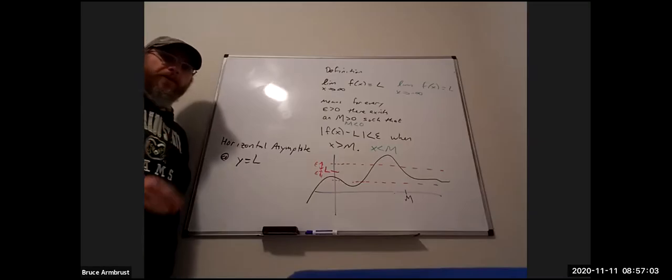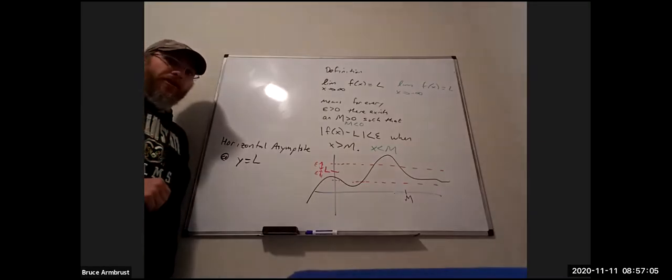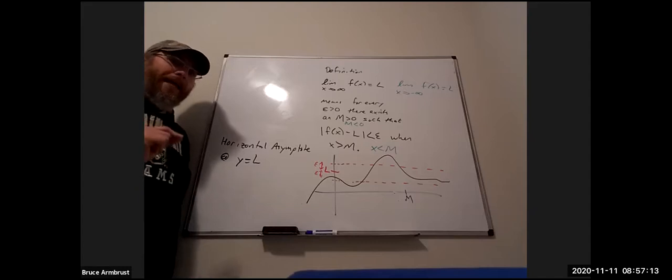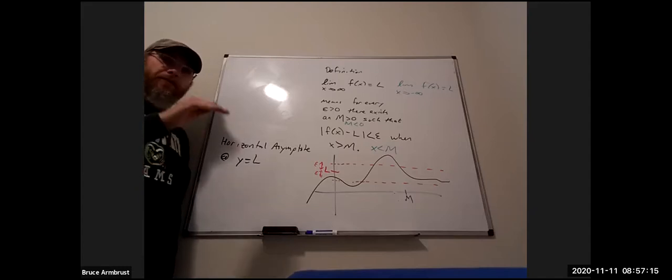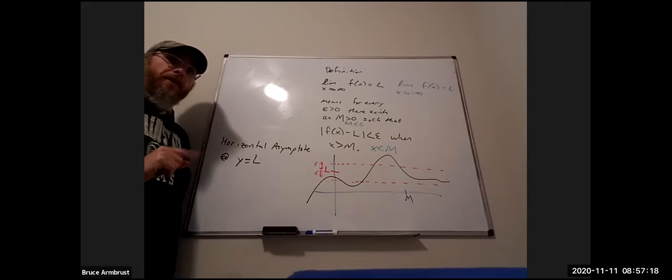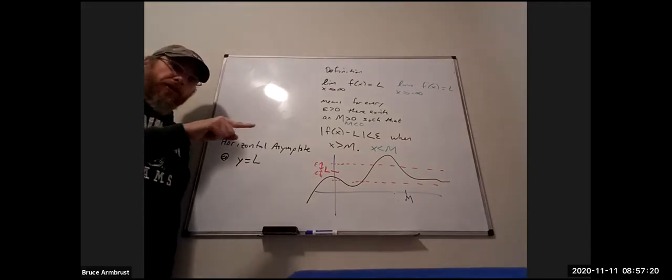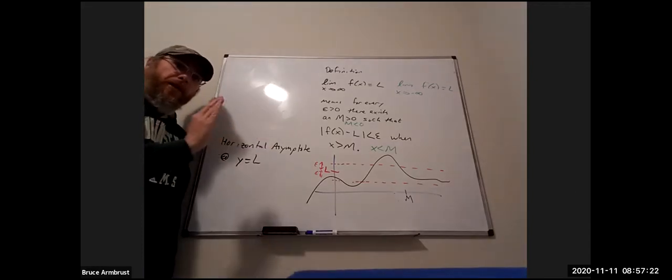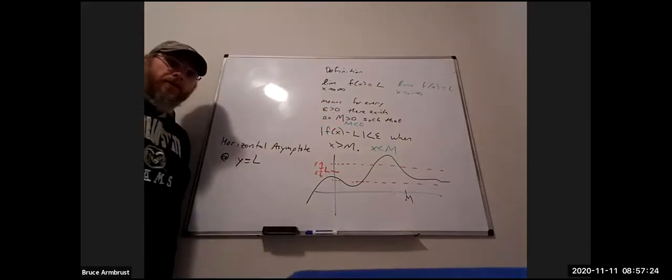Okay, so bouncing above or below is actually okay. With horizontal asymptotes, you can cross them. What has to happen is that even if you're bouncing above and below it, you're getting closer and closer to the asymptote as you move further out.